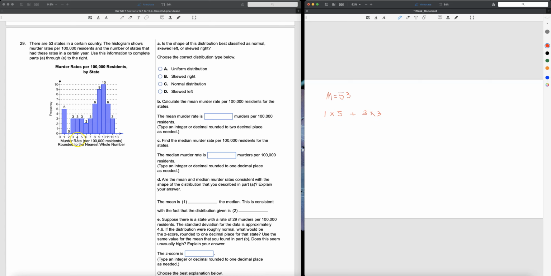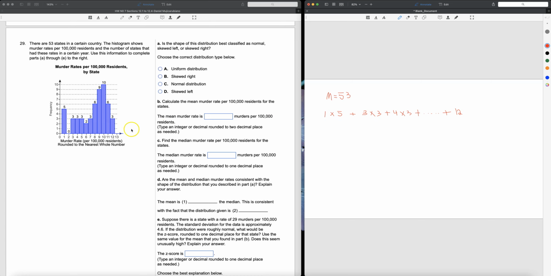Then for the outcome 4, you need to multiply by the corresponding frequency, that is 3, and so on. And so on until you get to the last one, which is 12. I mean, a murder rate of 12 per 100,000 residents, which is 12.